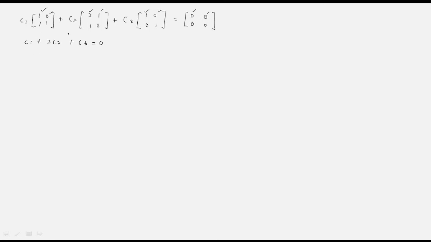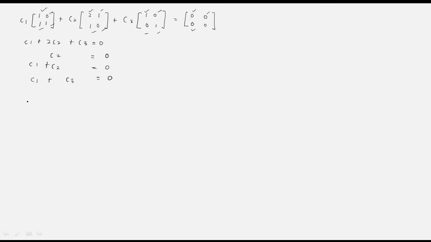So we don't have C1, we have C2 equal to 0. Third equation 1 1 0, so C1 plus C2 equals 0, and the last one 1 0 1, C1 plus C3 equal 0.